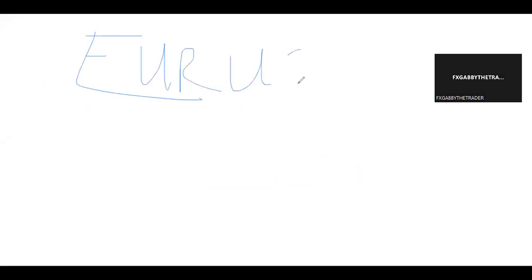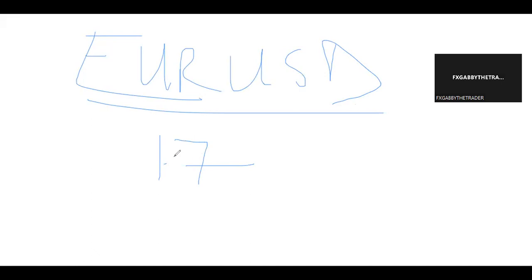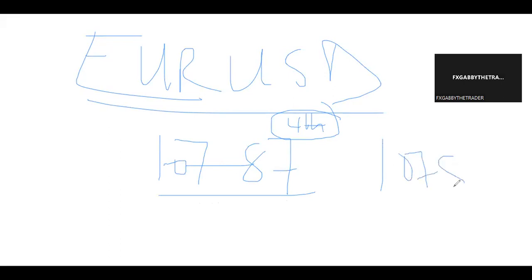If Euro USD is currently sitting at this price level, 1.0787, and then the price of this market, remember, we start counting from the fourth decimal. That is where we count the pip. And then this market moves from this particular price level to this particular price level, 1.0784. So how many pips down has Euro USD moved?